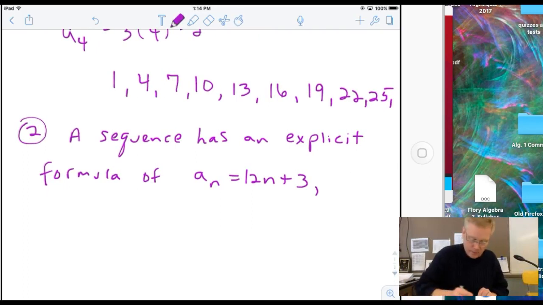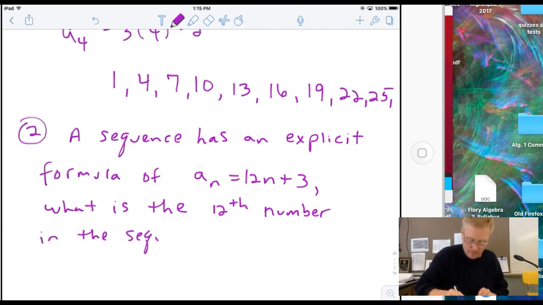What is the 12th number in the sequence, which sometimes is called a of 12.